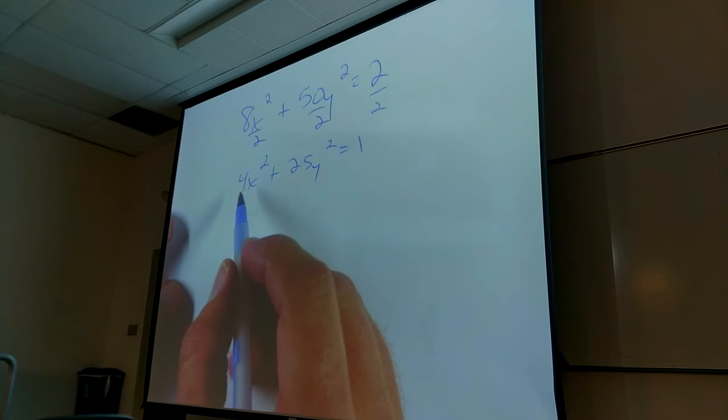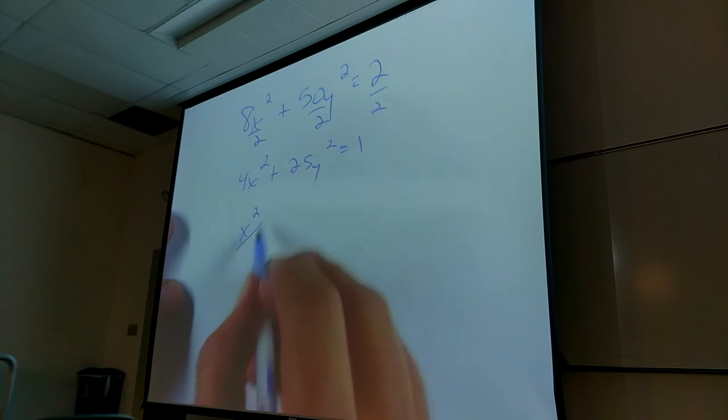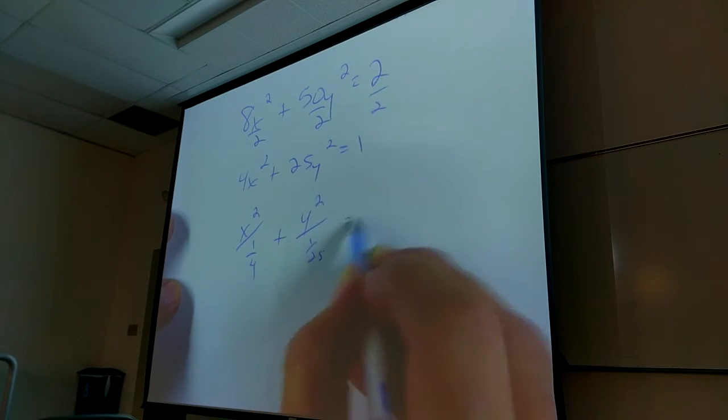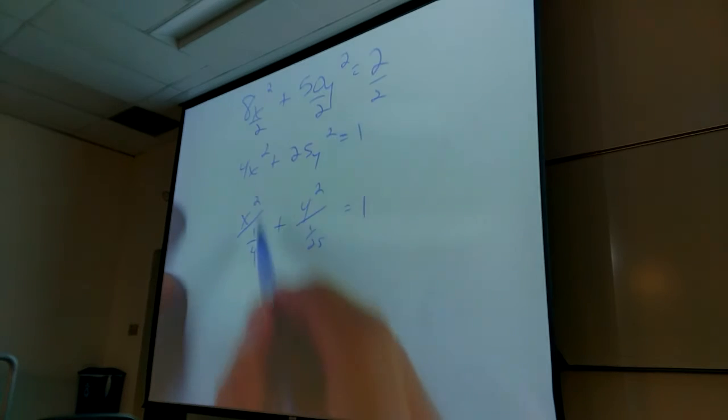Multiplying by 4 is the same thing as dividing by 1/4. What did I just do?